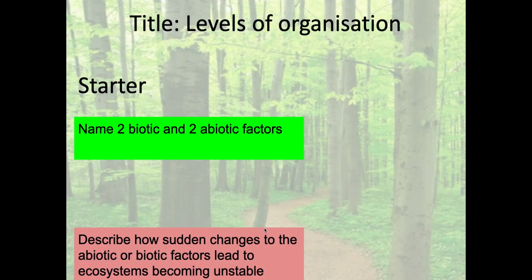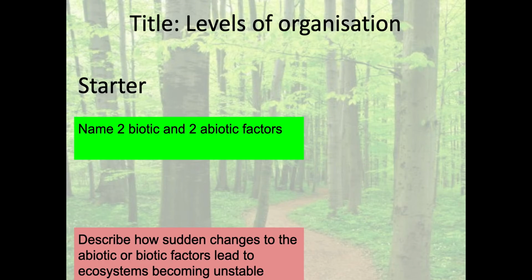So, going back to what we've done before, a couple of little starters here for you. You should be able, off the top of your head, to name 2 biotic and 2 abiotic factors. And you should be able to describe how sudden changes to these factors, abiotic or biotic, lead to ecosystems becoming unstable.